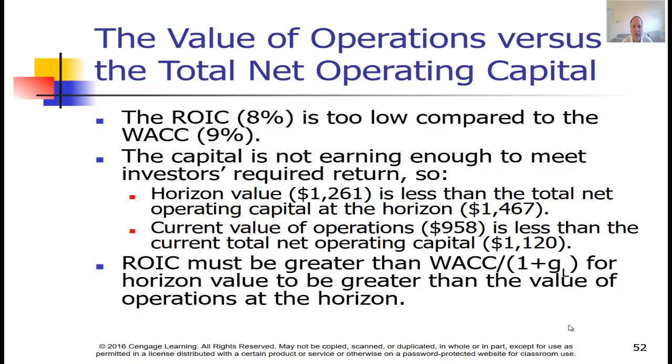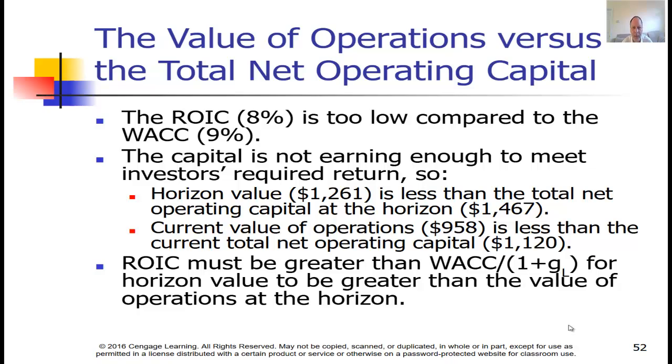So if we look at the value of operations versus the total net operating capital, since ROIC of 8% is too low compared to 9%, the capital is not earning enough to meet investors' required return, so the horizon value is less than the total net operating capital at the horizon.